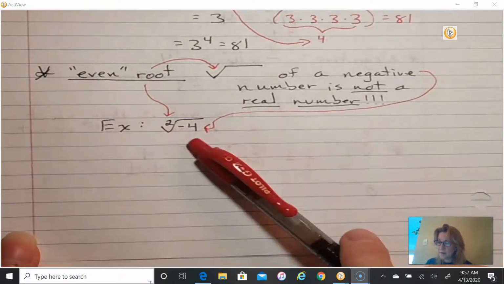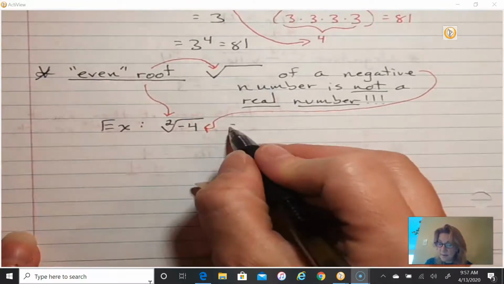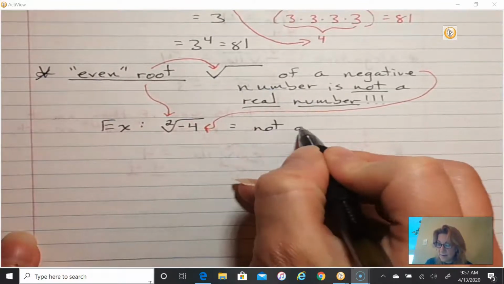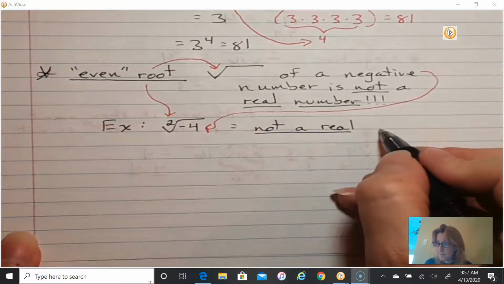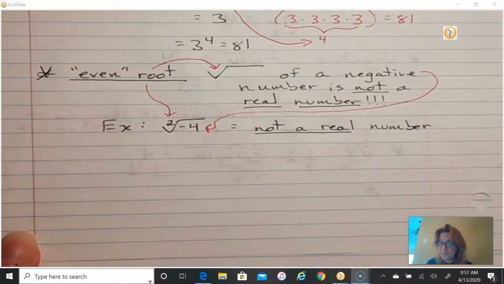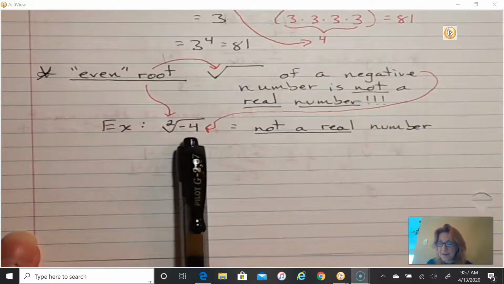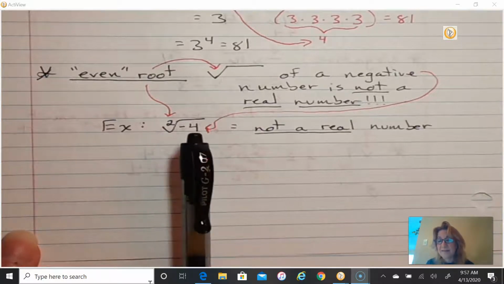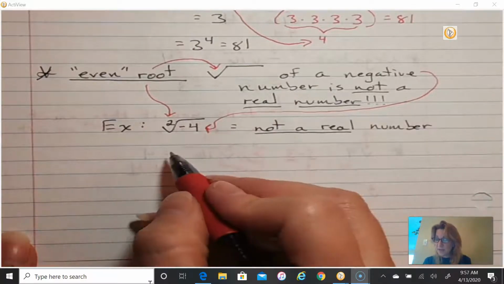An even root of a negative number is not a real number. Let me show you why. Remember, the root is 2, so that means something times itself twice is going to give you a negative 4. Well, let's check that out.